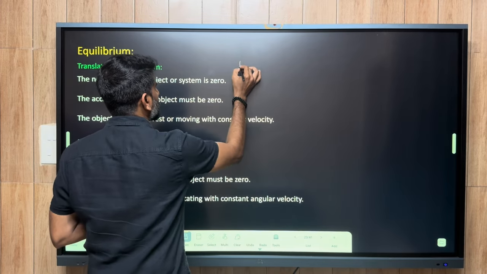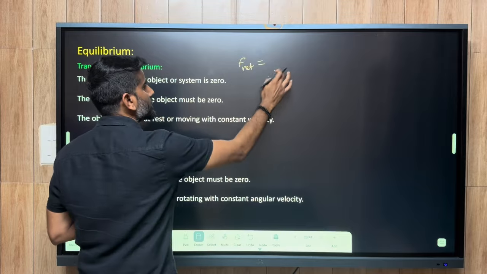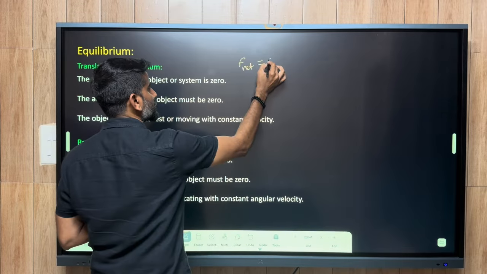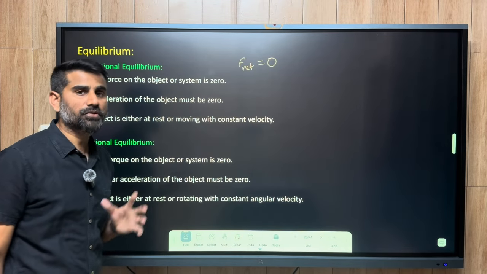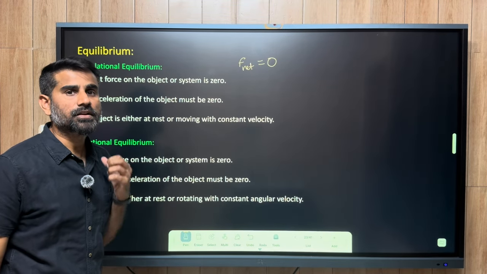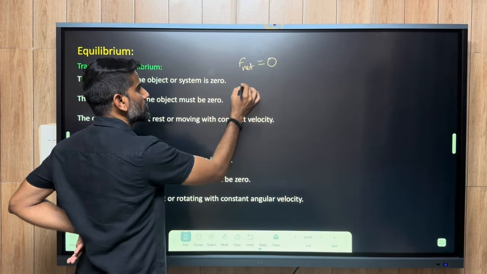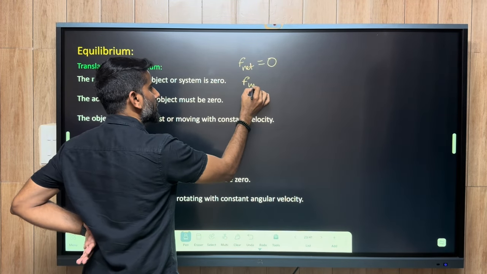So let's say F net, the net force acting on the system, is 0. When the net force acting on the system is 0, then we say that the object or the system is in translational equilibrium.